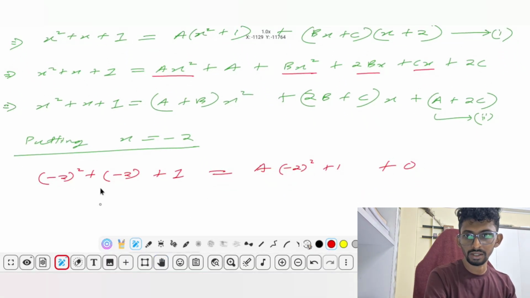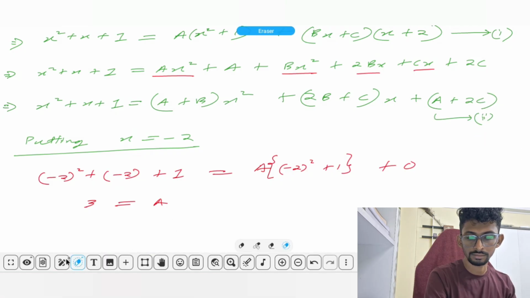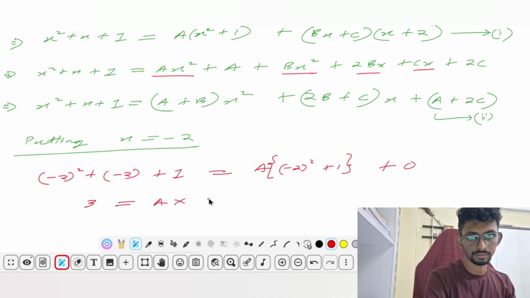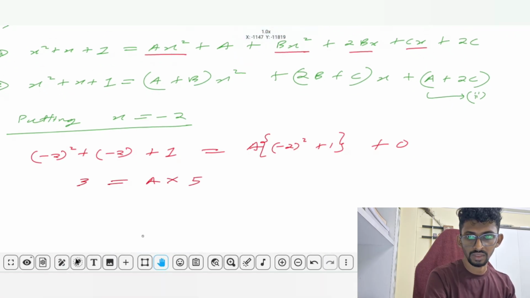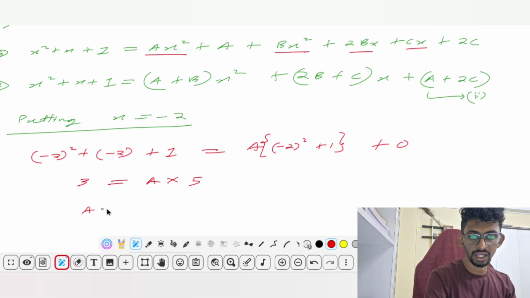So LHS will become minus 2 square, that is 4, 4 plus 1, 5, 5 minus 2 is 3, equals to a times minus 2 square, 4, 4 plus 1 is 5. So a times 5. So the value of a is 3 upon 5.